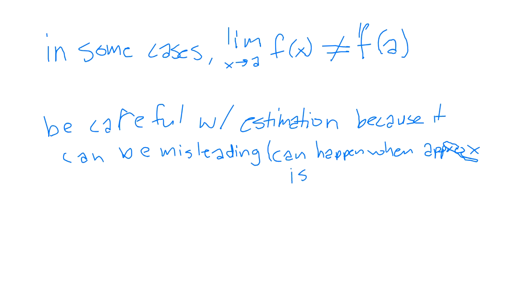Sometimes that can show a certain behavior, but sometimes it'll give you the wrong impression, especially if the actual limit is very, very small. You may have to go even closer and closer and closer. So that's just another thing to be aware of.